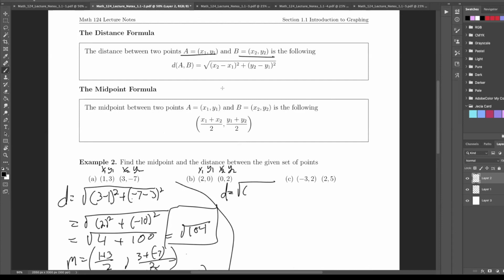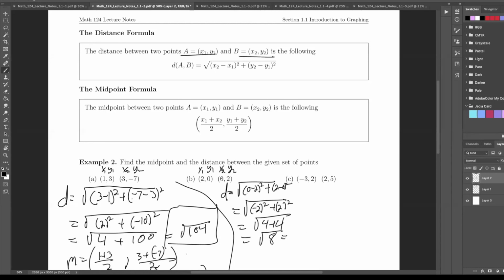It'll be x2 minus x1, so in this case 0 minus 2 squared, plus 2 minus 0 squared. So that gives us the square root of 0 minus 2, which is negative 2 squared, and 2 minus 0, which is 2 squared. Negative 2 squared is 4, and 2 squared is 4, so I have the square root of 4 plus 4, which is equal to the square root of 8. You can leave it here.